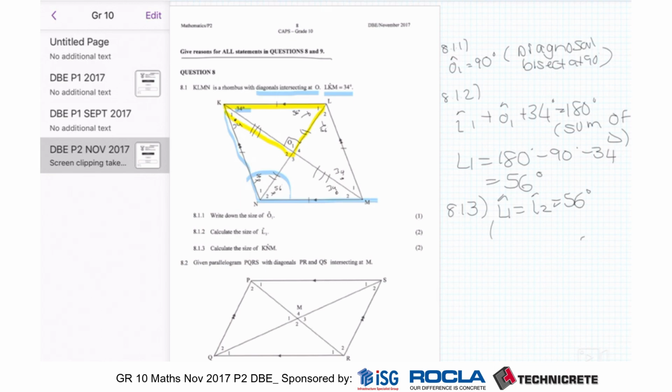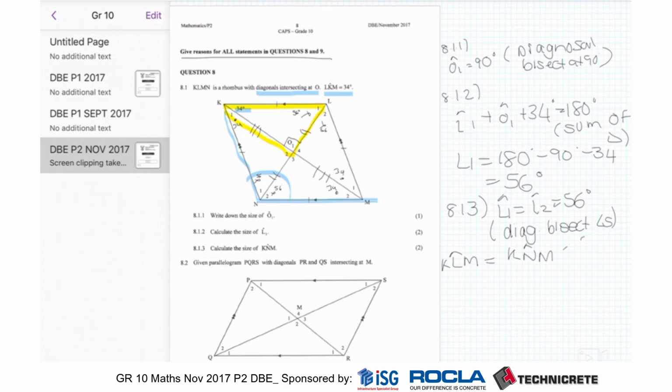Your reason is diagonals bisect the angles. Then we say that angle KLM is equal to angle KNM.